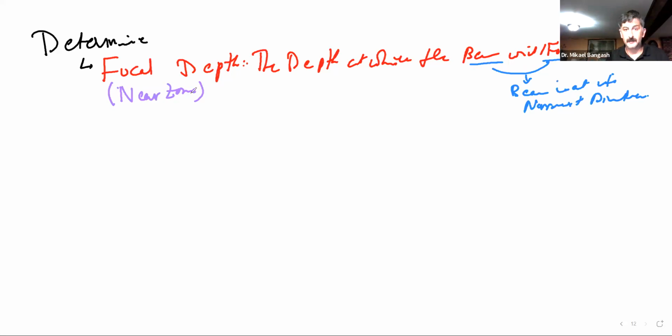Now based on this, there are two factors that will determine the focal depth. One is what your book says, diameter. Not really accurate, it's more accurate to say the diameter of the PZT.